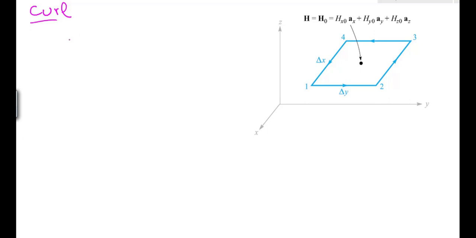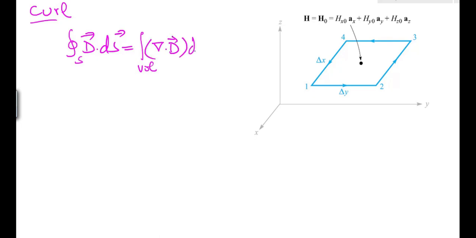and its effect. So going back to Gauss's law, what we did was that we applied Gauss's law to the differential volume element to derive the divergence theorem. That divergence theorem stated that the closed surface integral of the electric flux density is equal to the volume integral of the divergence of the electric flux density.